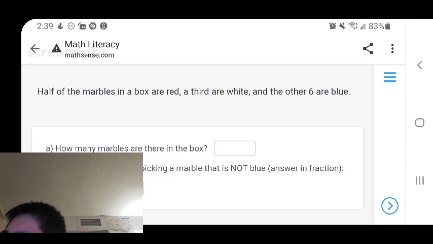You set x equal to 1/2 x, the red marbles, plus 1/3 x, the white marbles, plus 6, the blue. So 1/2 x plus 1/3 x plus 6 equals x. You add 1/2 and 1/3. That is 3 plus 2 over 6, which is 5/6.